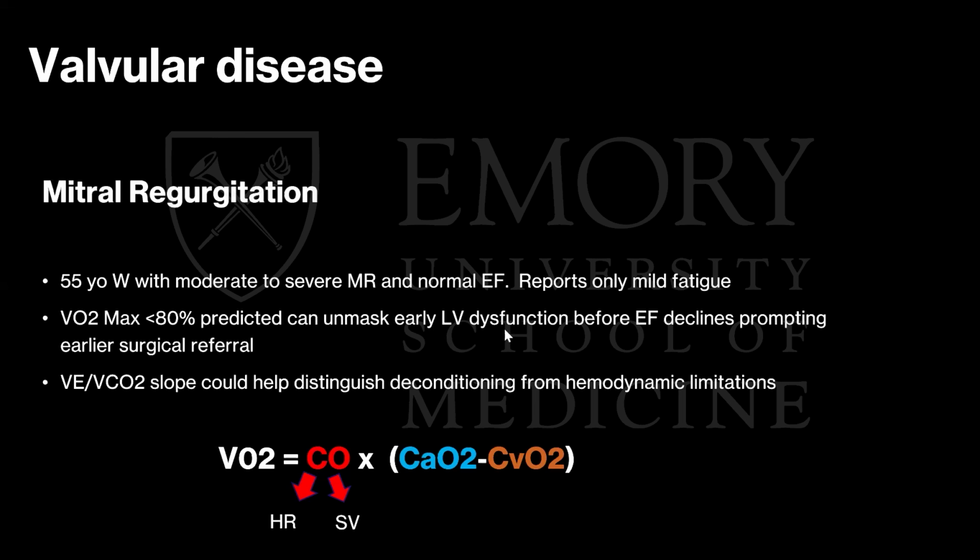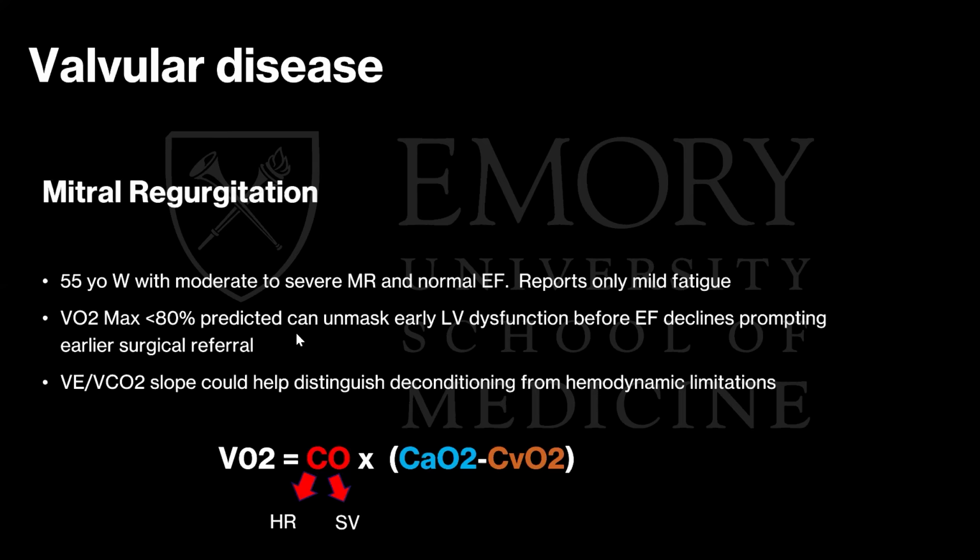You'll be able to detect this early, before the EF actually declines. Because with mitral regurgitation, people can develop AFib because you're pushing all this blood back into your left atrium. Eventually, because of that poor coordination with backflow, you start to develop LV dysfunction. So this usually is a later consequence.